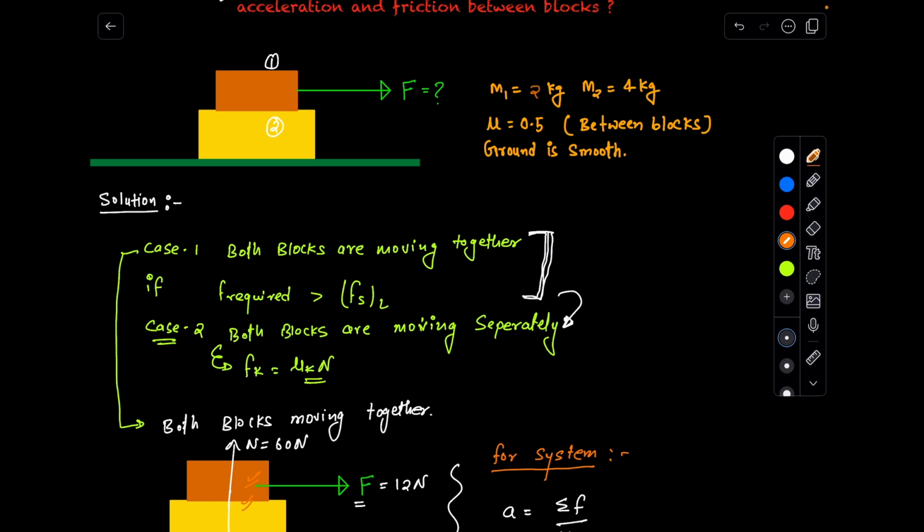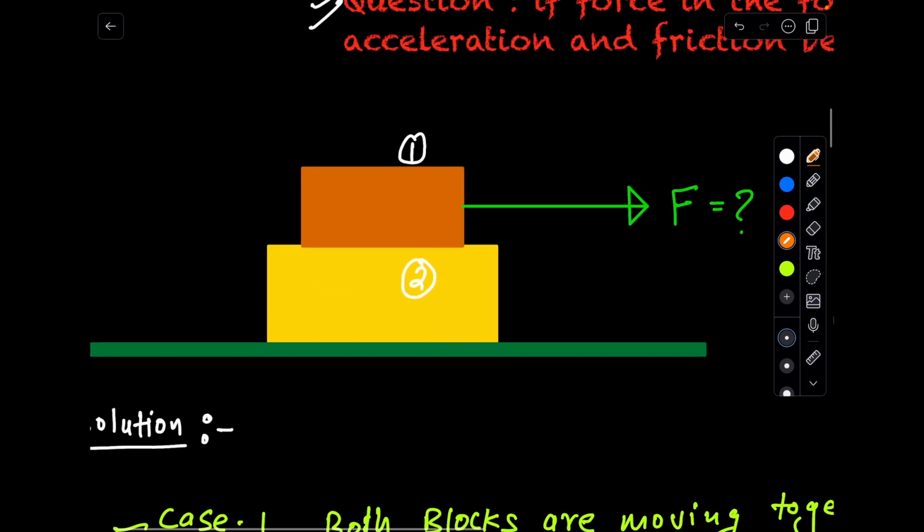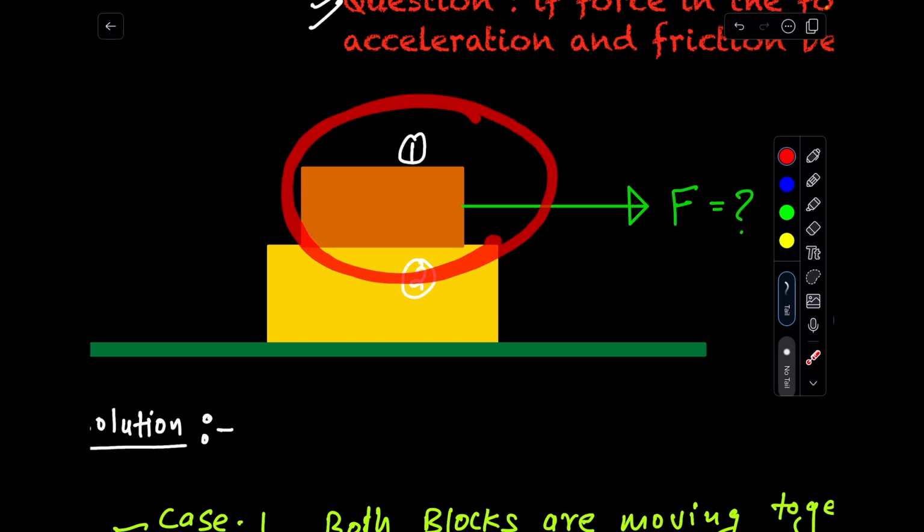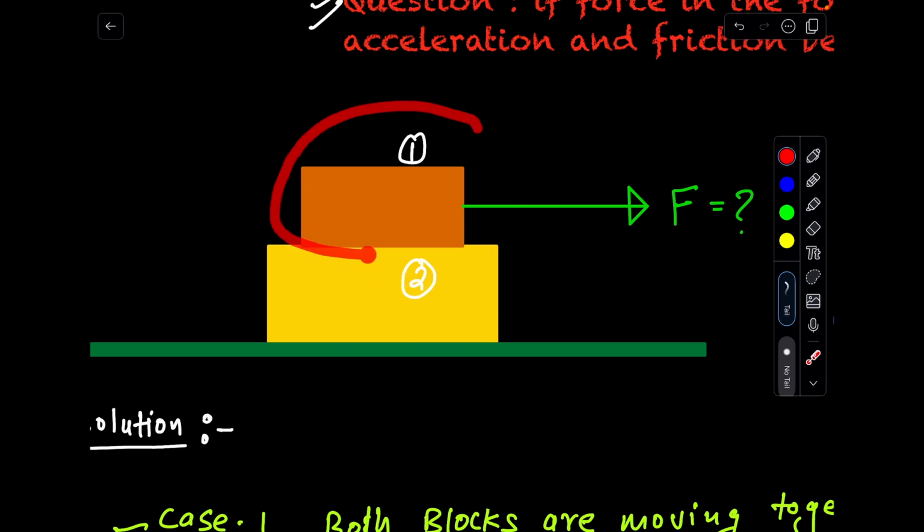We are applying the force on this block, a force F like this. So this one block can have any amount of acceleration depending on the value of F. If we apply a very large F, then the acceleration of block 1 will be very large.